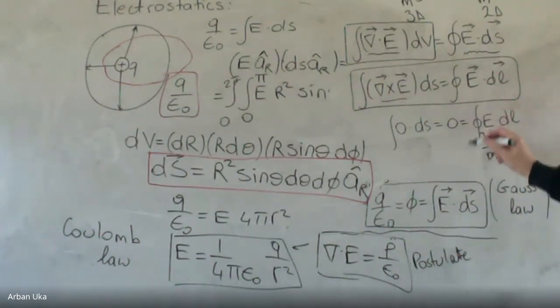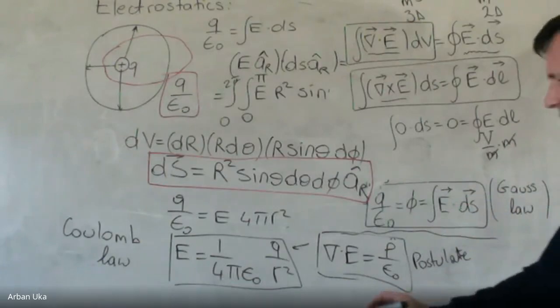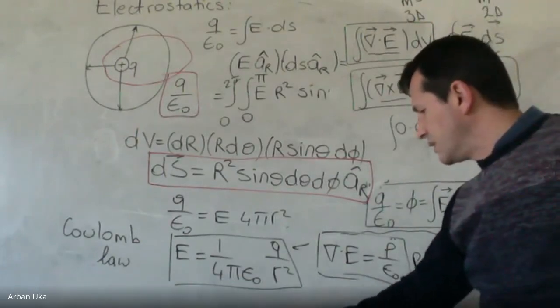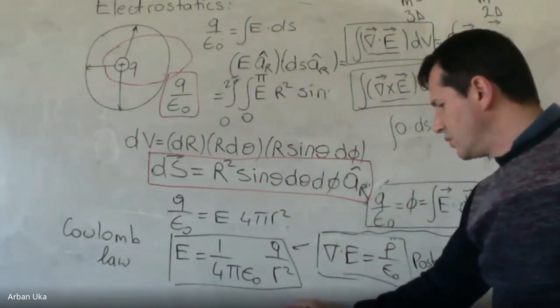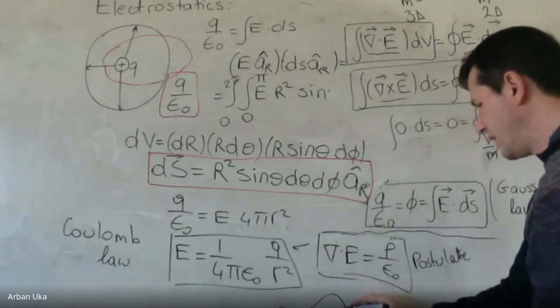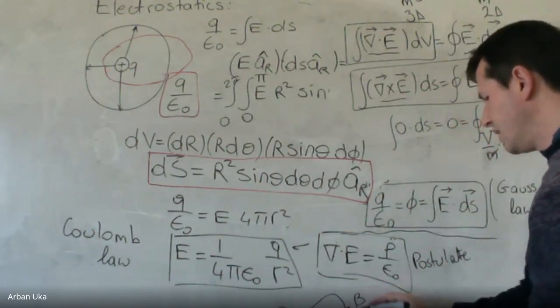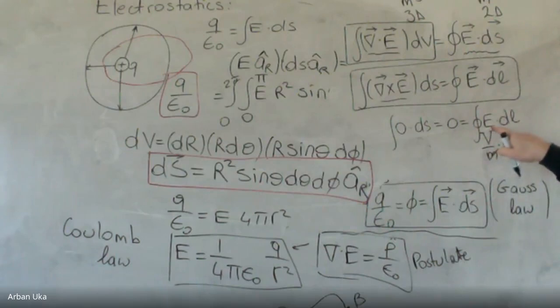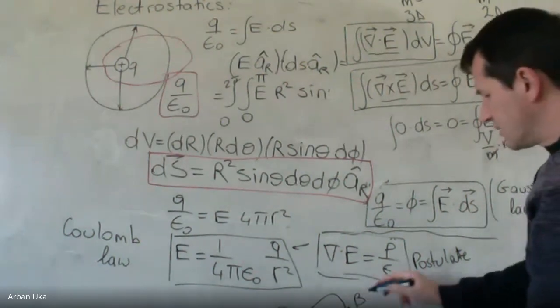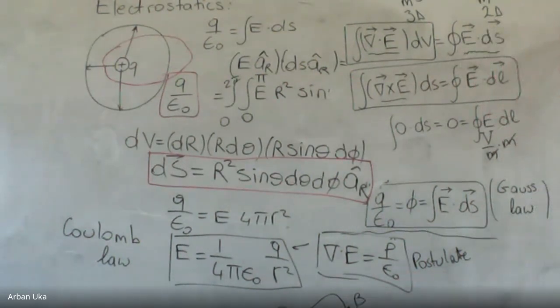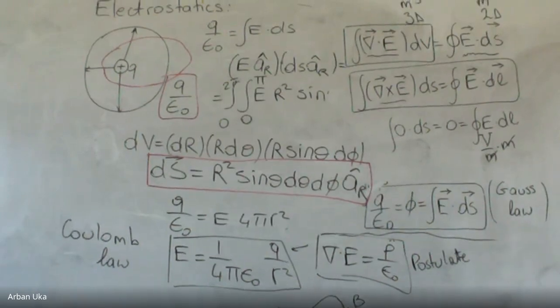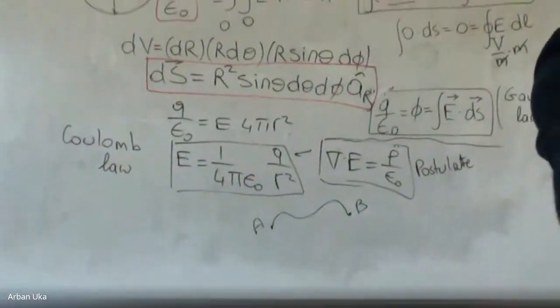This means that if we go from some point A across a certain path to any point B, and you keep integrating E, or measure the circulation of E over the path, E dl, then we get some value, in principle the potential difference VA minus VB.